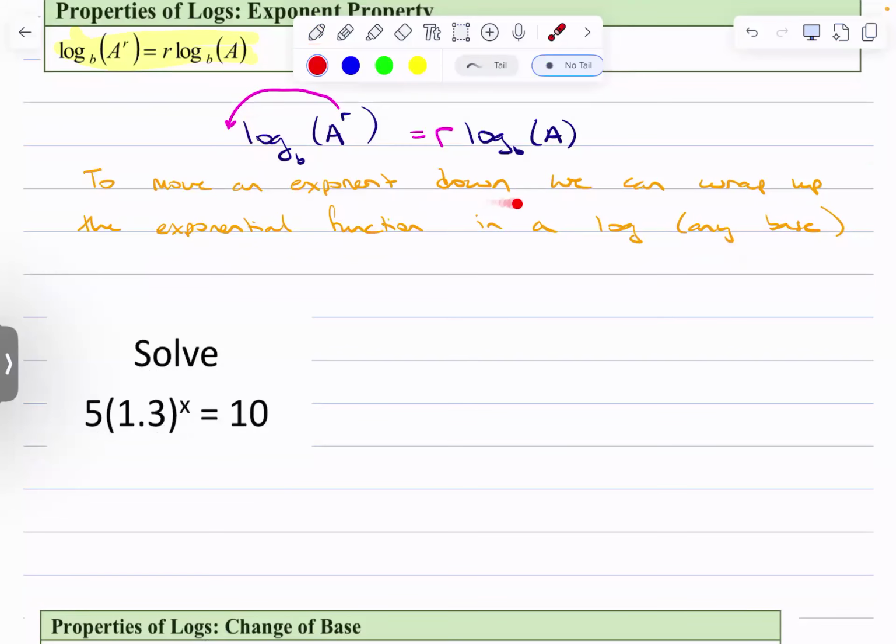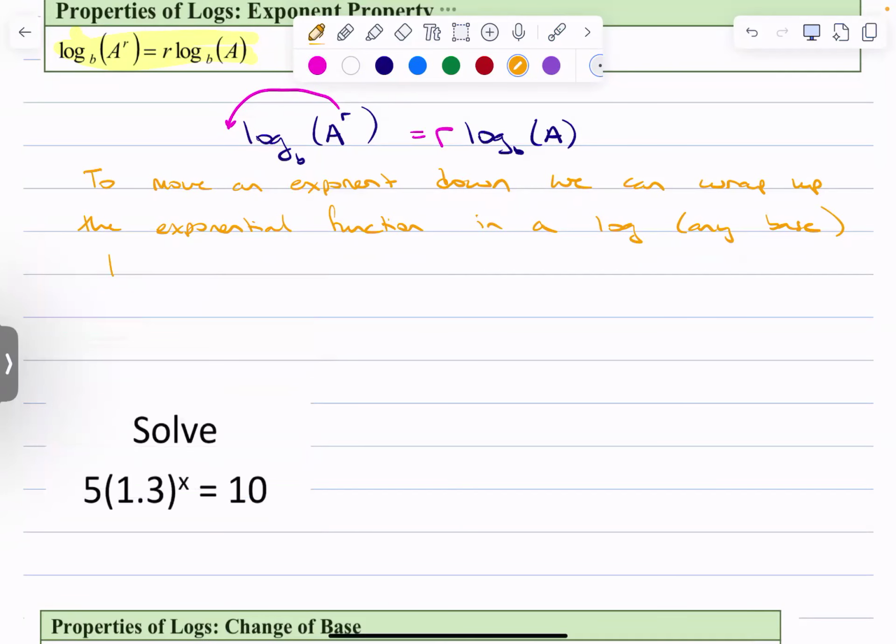And so to move an exponent down from upstairs, all we have to do is wrap it up in a log, any log, and then we can rewrite it as r times the log base b of a, where we can easily solve for r.